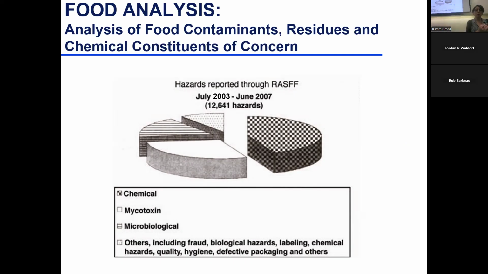And also packaging, not only defective packaging, but packaging that has BPA, bisphenol A, for example, water bottles. So this wide other category can really have many different things in it.